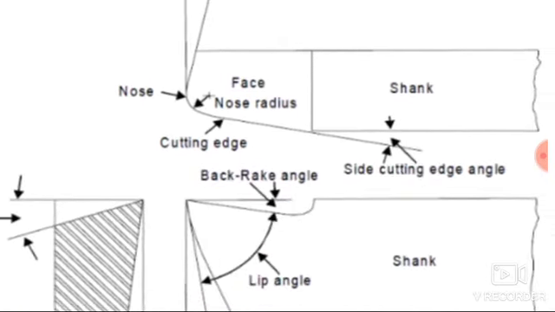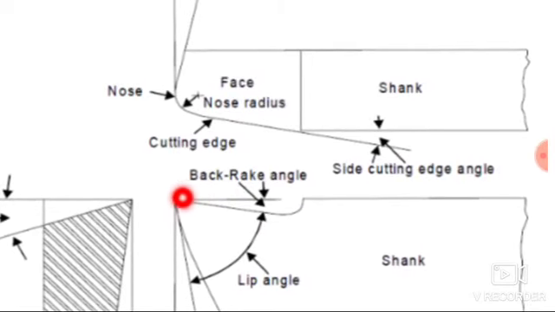If this face is inclined in such a fashion, then that is known as a negative rake angle. And if this face is exactly parallel to the base of the cutting tool, then it is a zero rake angle. So the back rake angle can be a positive rake angle if the face of the cutting tool is inclined downward.